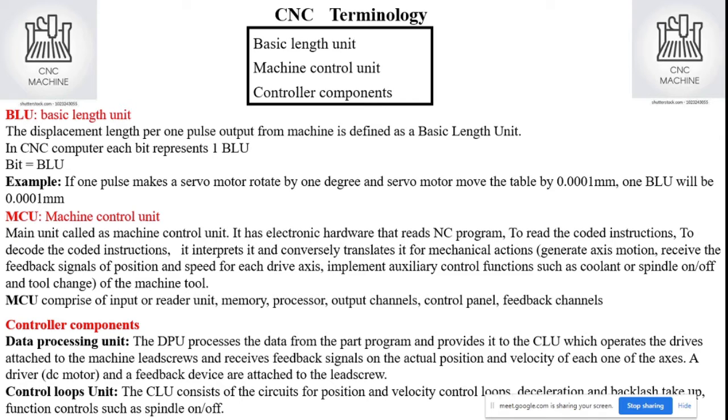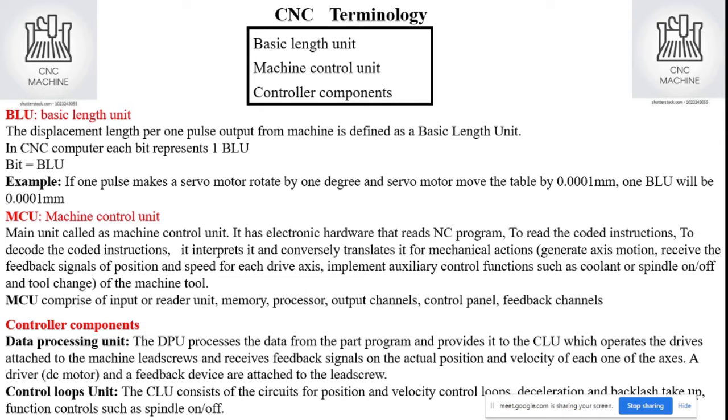So the displacement length per one pulse output from the machine is defined as the basic length unit in a CNC machine. How can we calculate it? In a CNC computer, each bit represents one BLU, which means basic length unit. So one bit is equal to one BLU.